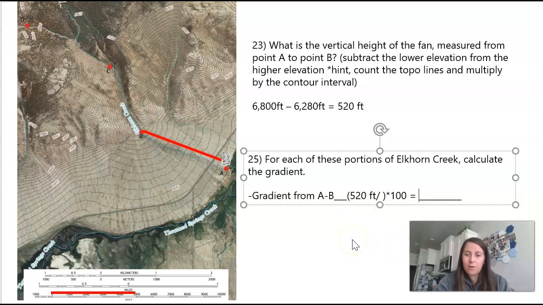So let's calculate that distance. The way you calculate the distance is by using these scales. And again, you want to use the scale of the same units. Because we use feet for the change in elevation, we want to use a feet scale here at the bottom for the distance between the two. So here is a 0, as you can see, 0 feet or below, and then above, this is 5,000.